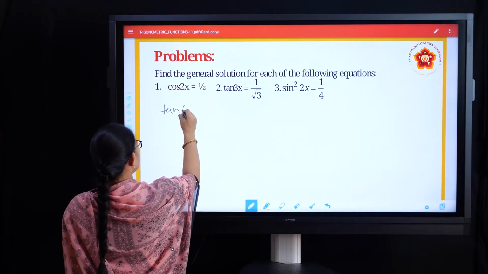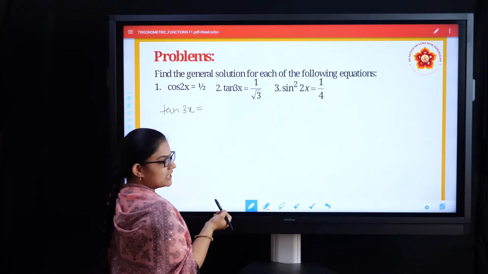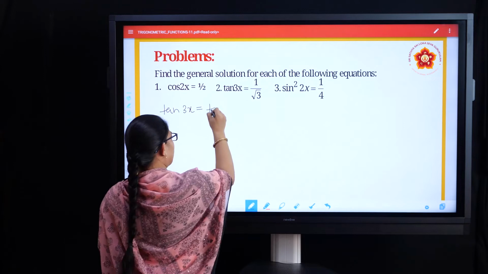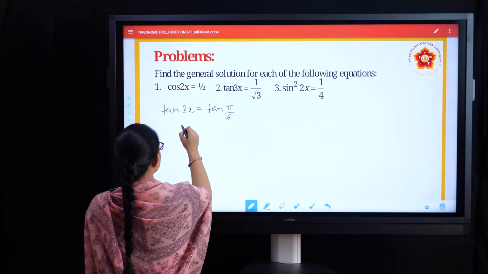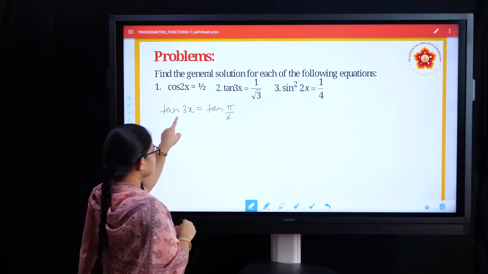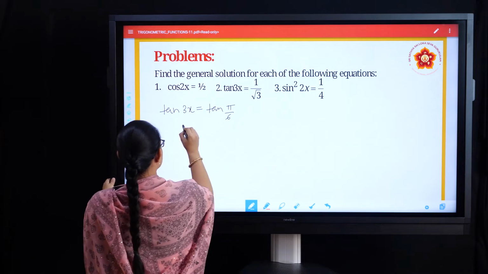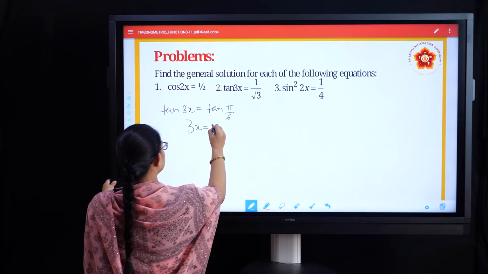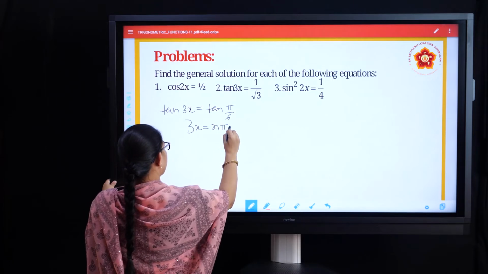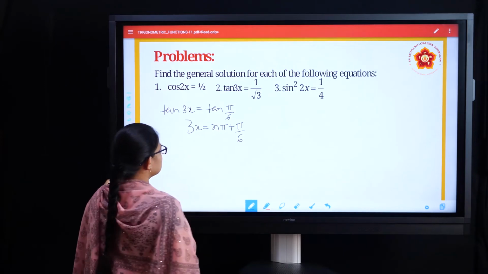So same method, tan 3x is equal to 1 by root 3, which we have to write in terms of tan, that is tan pi by 6. Now, tan x is equal to tan y implies x is equal to n pi plus y for n belongs to Z. So here in place of x you have 3x, 3x is equal to n pi plus y, y is pi by 6.